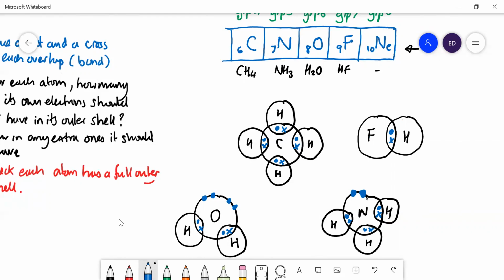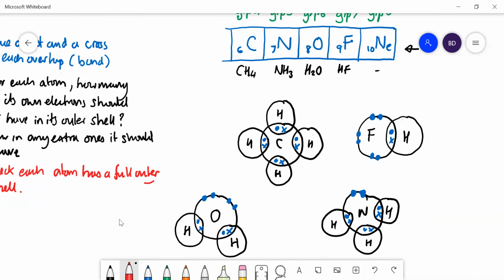Fluorine is in group 7. I've only got 1 dot there, so I need to draw 6 more. 1, 2, 3, 4, 5, 6. And then the red step, check that each atom thinks it's got a full outer shell. That's fine because the fluorine has 1, 2, 3, 4, 5, 6, 7, 8 electrons, and the hydrogen thinks it's got 2. So that is the correct dot cross diagram for that.